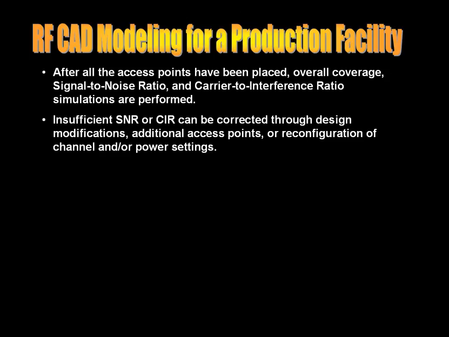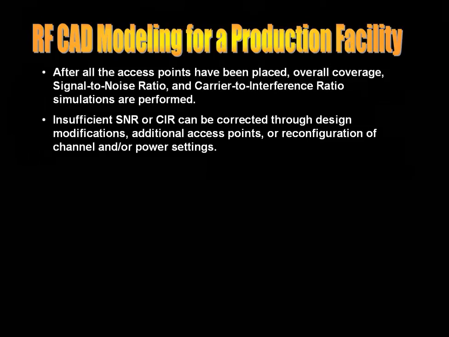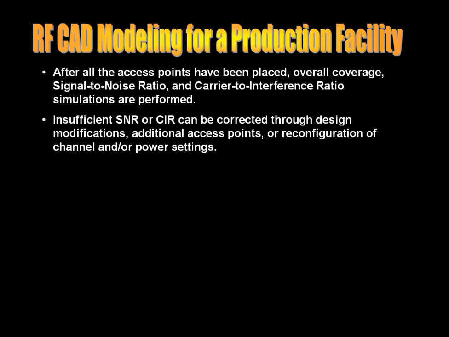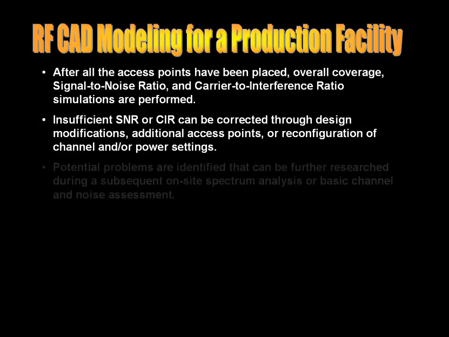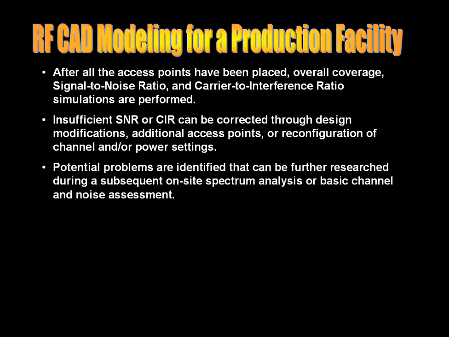If the signal to noise or carrier to interference ratio is insufficient, it can be corrected through design modifications which can be tested in the simulation before configuration changes are made on site. In this way, potential problems can be identified, and if there is a need to further research them on site, then it's time to bring in a spectrum analyzer based on the findings of the virtual model.